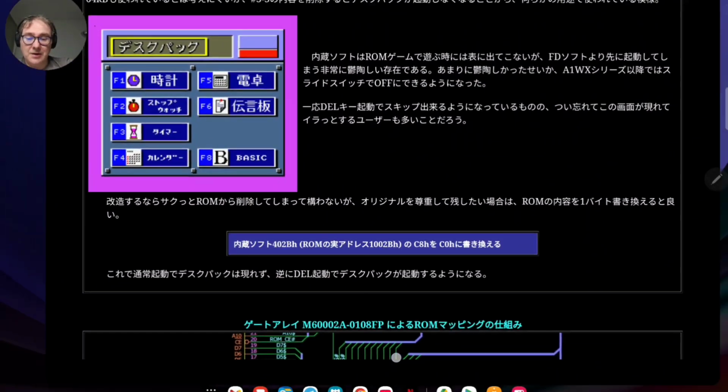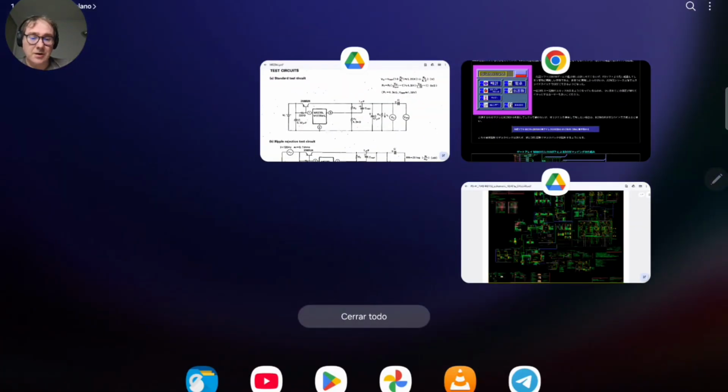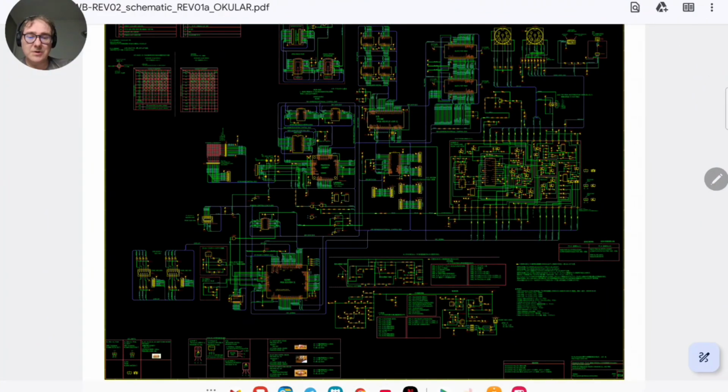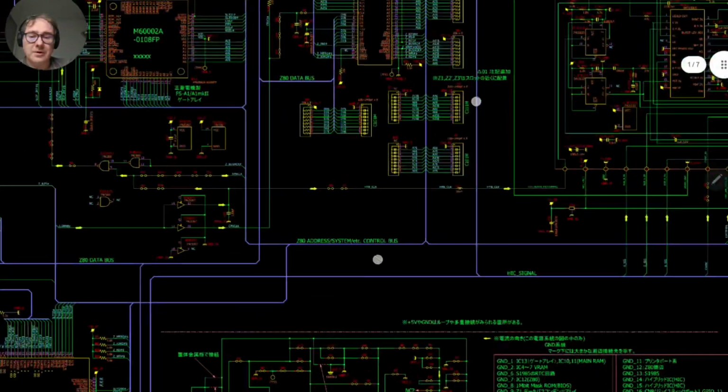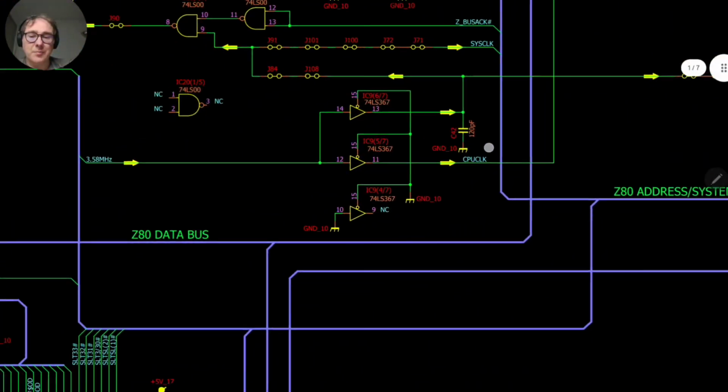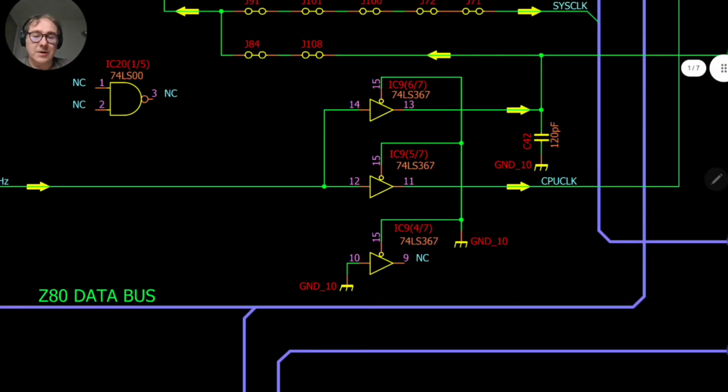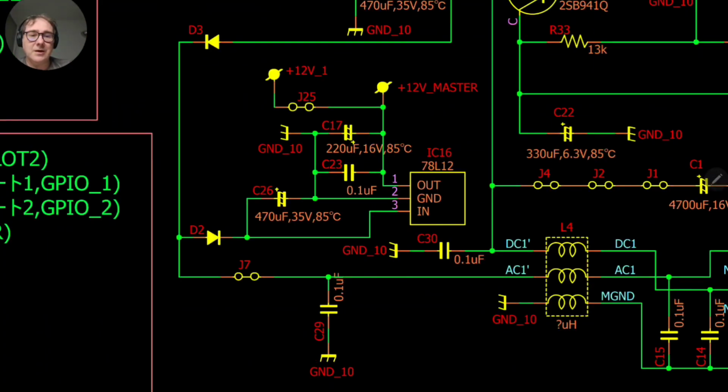Among the many things he's done is this schematic. To me, this schematic is pure gold. It's super good. You have all the details of the computer, and it's a very good schematic. For example, here is a capacitor, and you have all the characteristics of the capacitors.